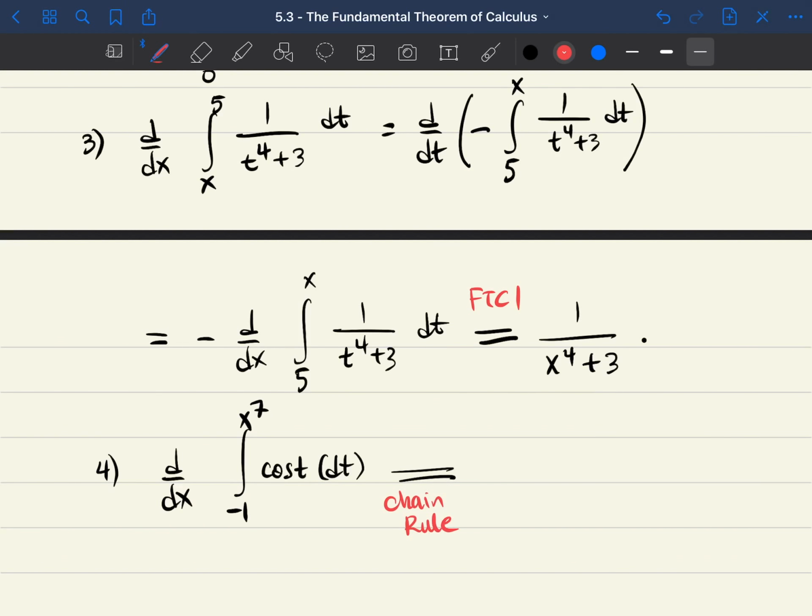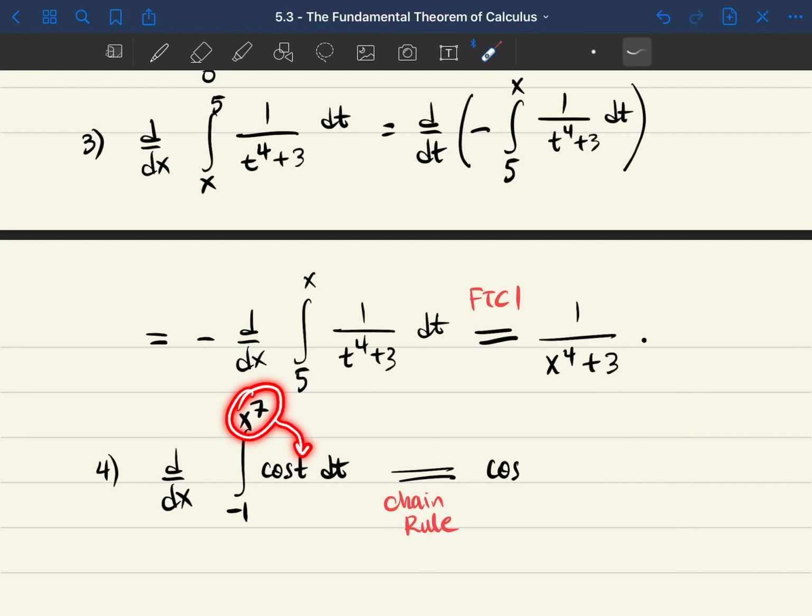Okay, so the derivative is equal to, wait a second, so I wrote something wrong here. This should be cosine t. Oh, this is fine. Let me just erase this and write without parentheses dt. I didn't need the parentheses there, sorry about that. So this should be cosine of whatever you have up here.